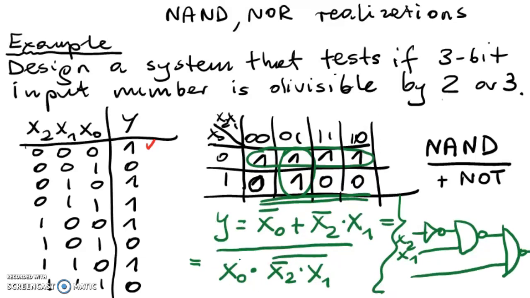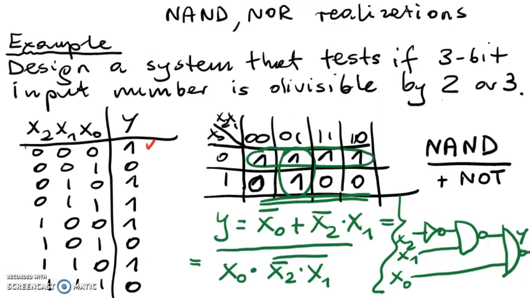And the second input variable for this NAND is x0. So you've got y. It is a NAND-NOT implementation of this system. Okay, it is a decoder or detector of divisibility by 2 or 3.